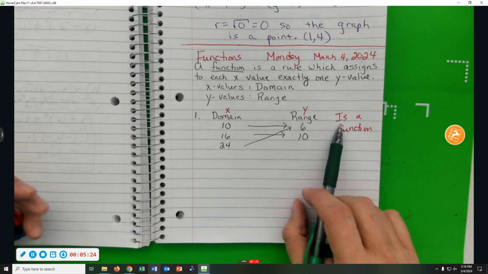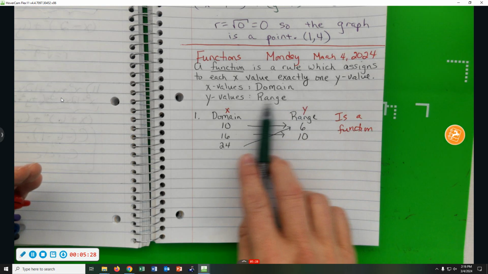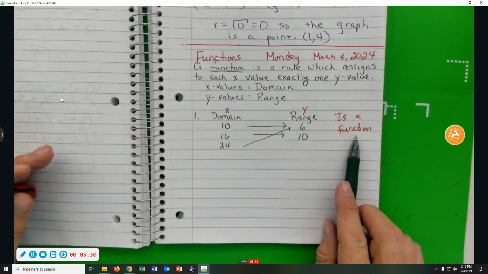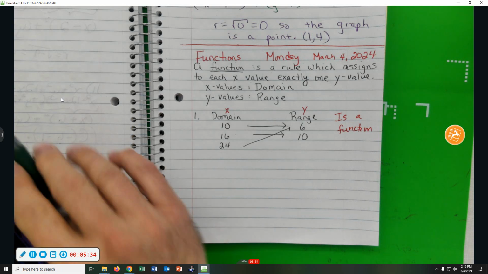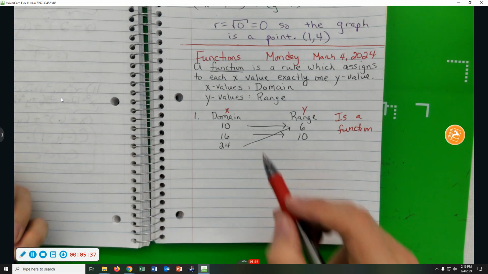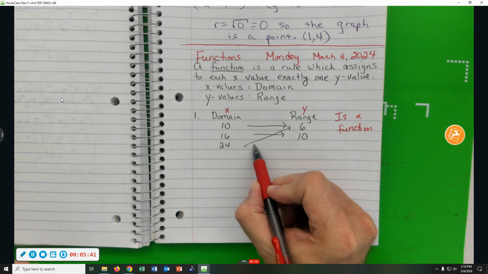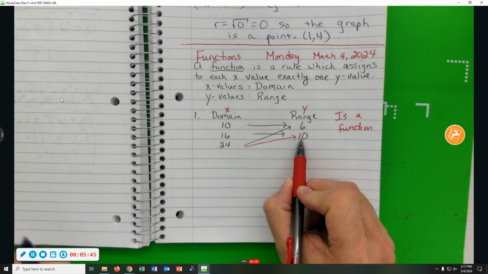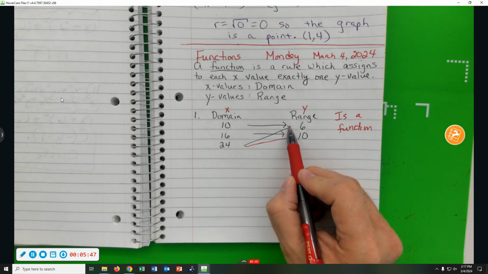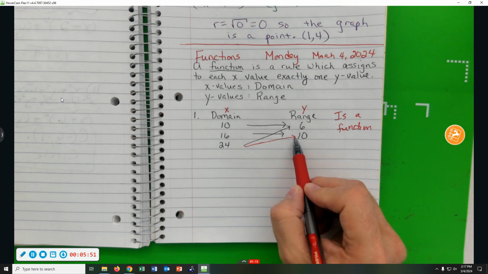Now back to number 1. How would it have to look if it were not a function? I'm about to use red pen. This red arrow I'm writing right here. If I drew a red arrow out of the 24 to the 10 also, then how many different y values is 24 being assigned? 2.